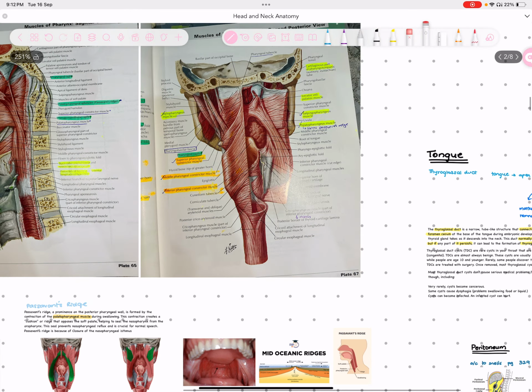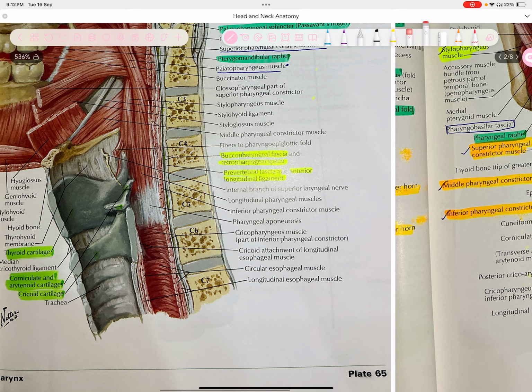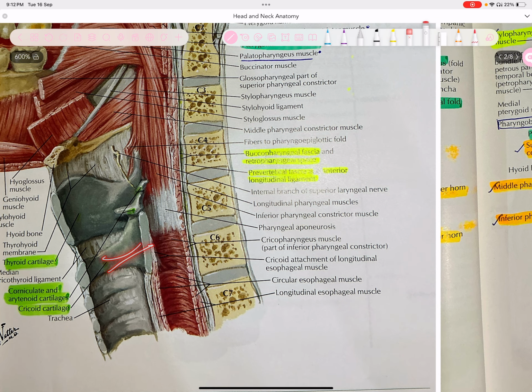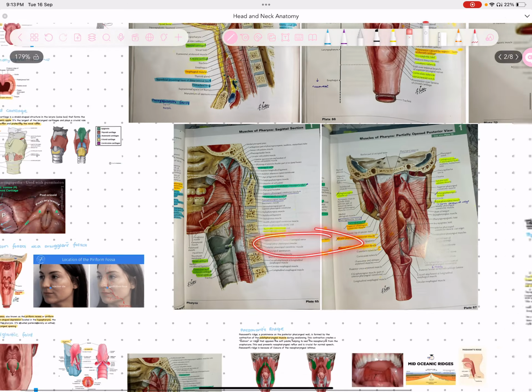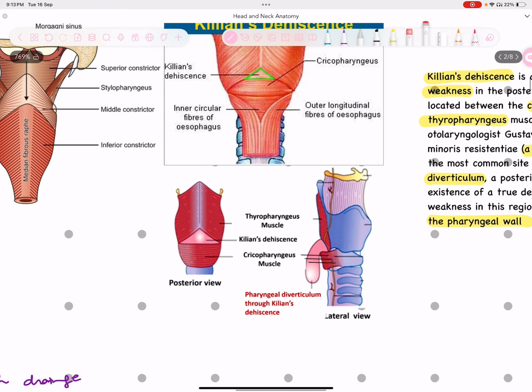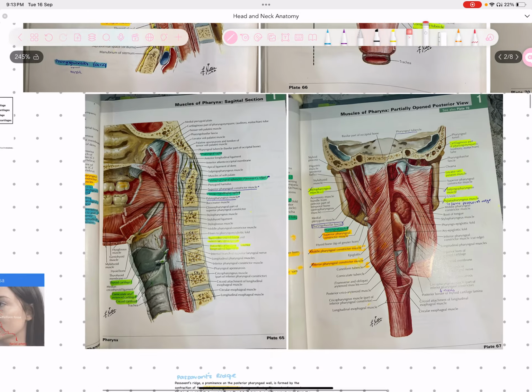You cannot see it here. Let's try to figure it out here. So the lamina of the cricoid cartilage, and the lamina of the thyroid cartilage. From the cricoid cartilage, we have the cricopharyngeus part, which is the sphincter part, and then the other part, which is the thyropharyngeus. That's the propulsive part.